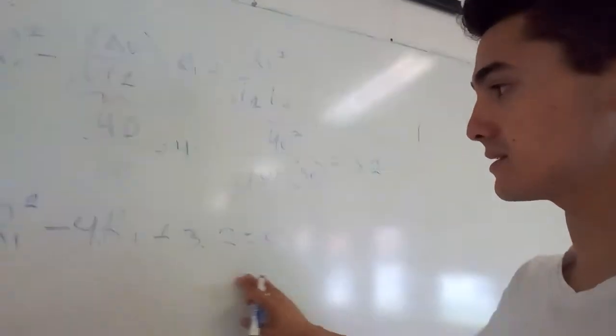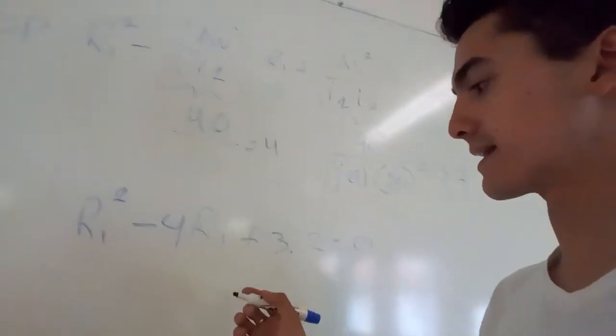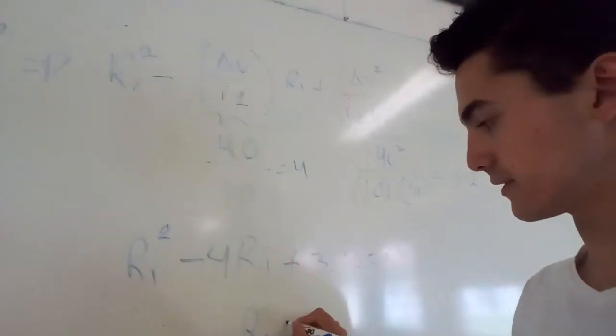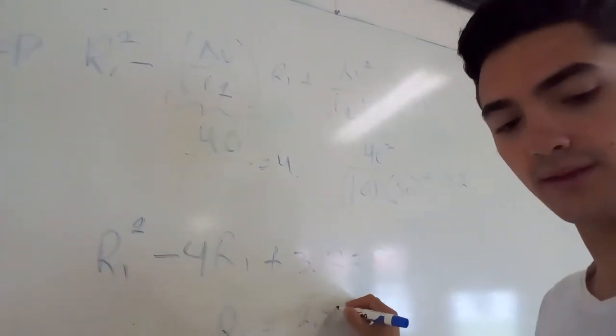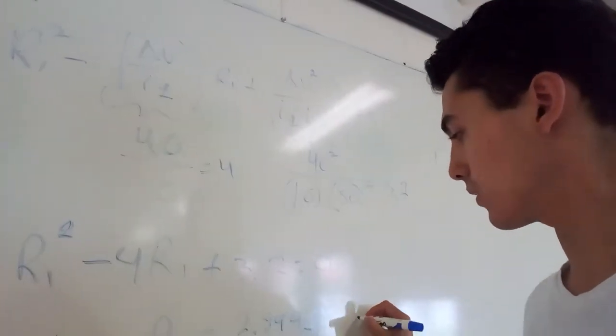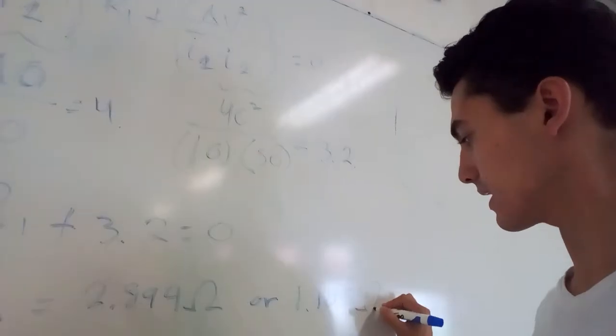And once we solve this equation in here, we can find that the values for R1 are equal to 2.894 ohms or 1.105 ohms, okay?